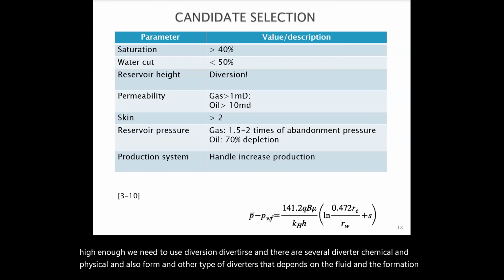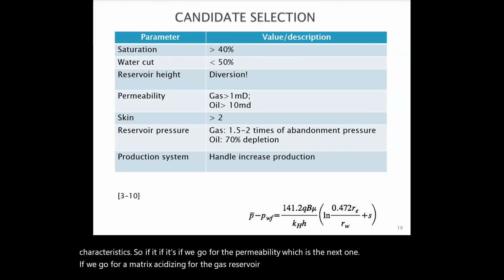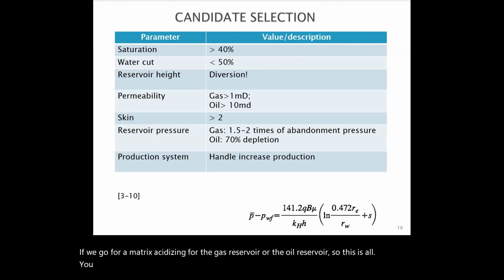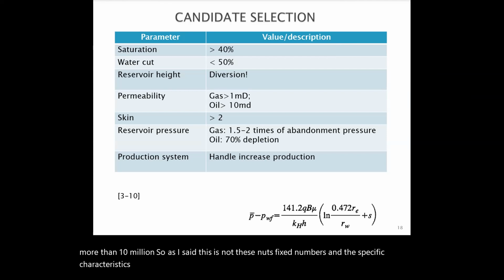So if we go for the permeability, which is the next one, if we go for matrix acidizing for the gas reservoir or the oil reservoir, for the gas it should be more than 1 millidarcy, and for the oil it should be more than 10 millidarcy. As I said, these are not fixed numbers, and the specific characteristics of a well need to be considered also.